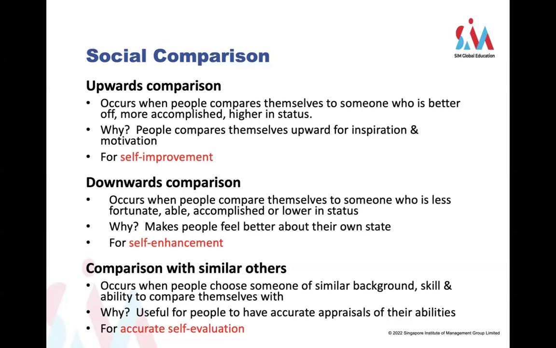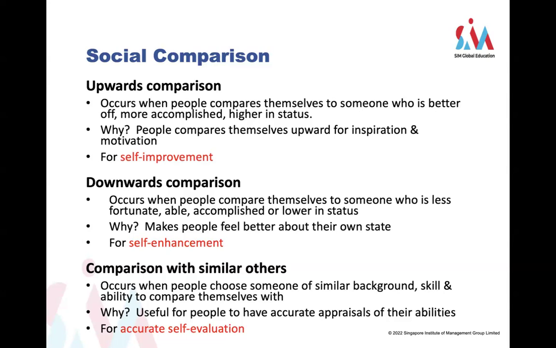Now, the last one, comparison with similar others, whereby people choose to compare themselves with others of similar background, skills, and ability. And why do people do that? To have an accurate appraisal of their own ability. So maybe you want to compare results with your friends in the same diploma course, okay? Because you're doing the same thing, similar background, all right?